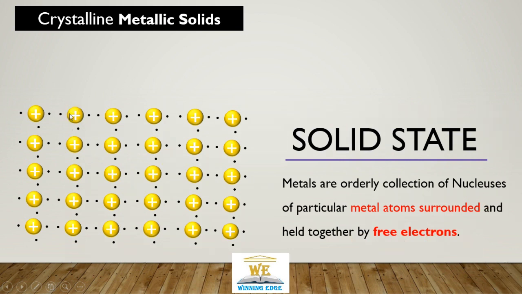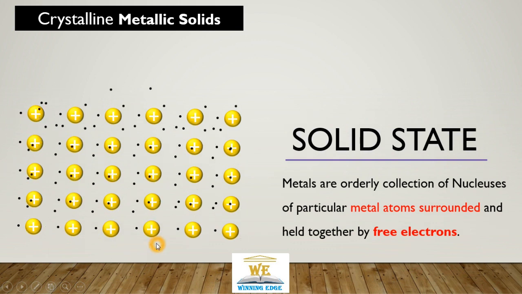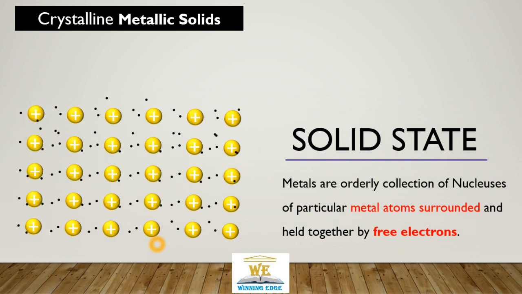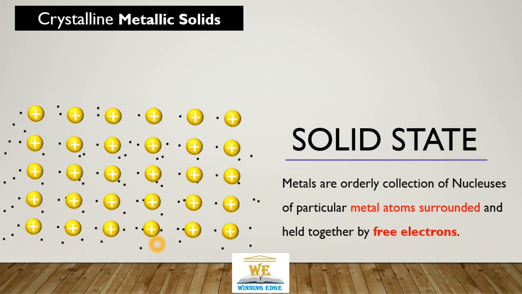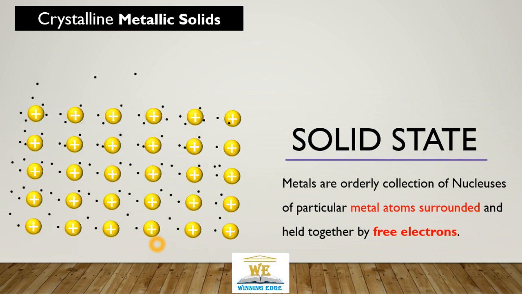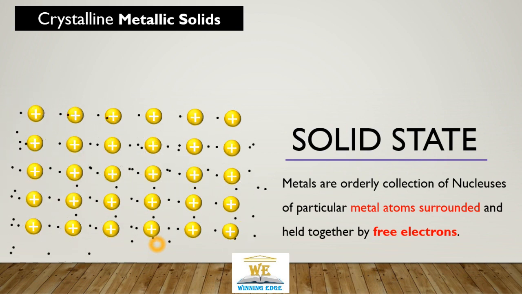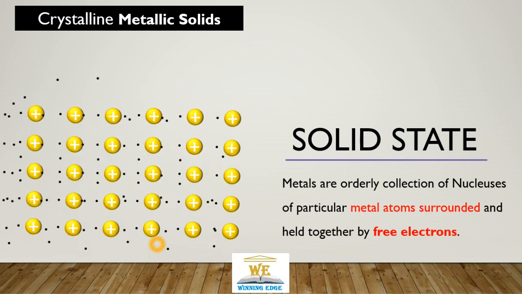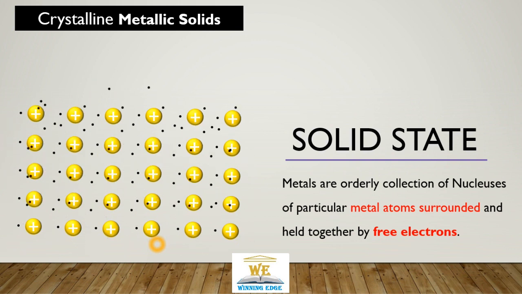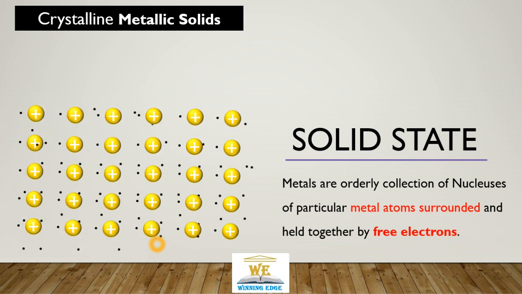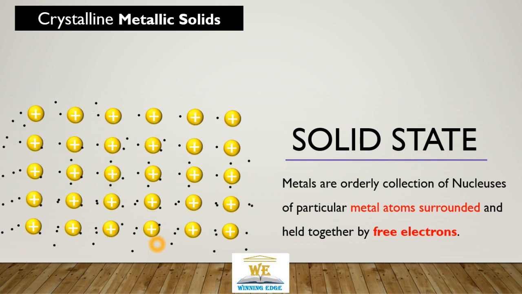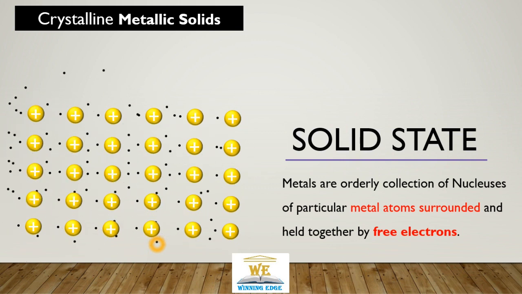For example, these are metal kernels, and we have all the electrons surrounding them. These free electrons hold all the nuclei of the metal atoms together. We can consider them as having an inner core submerged in free electrons.